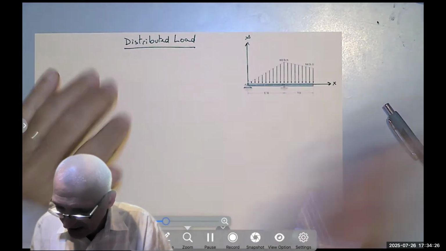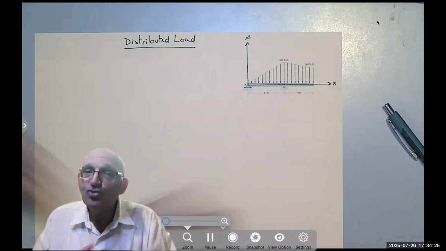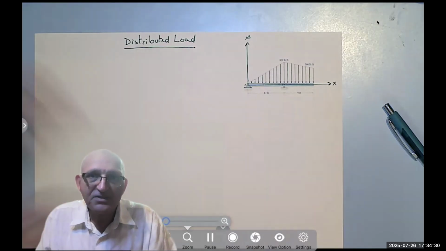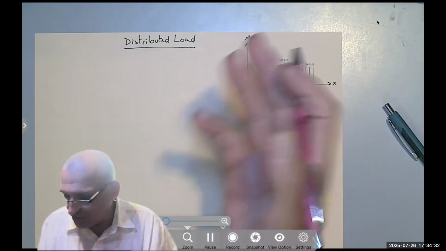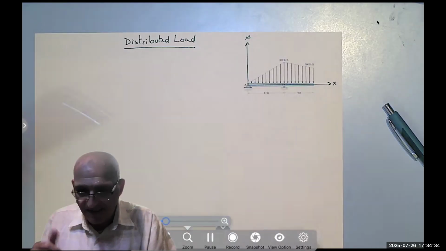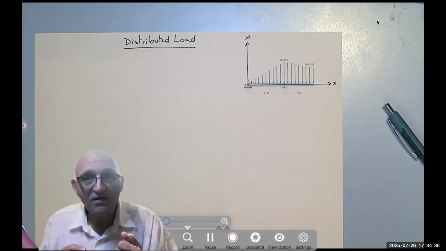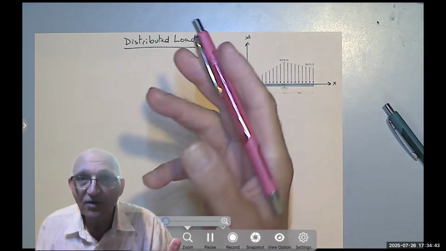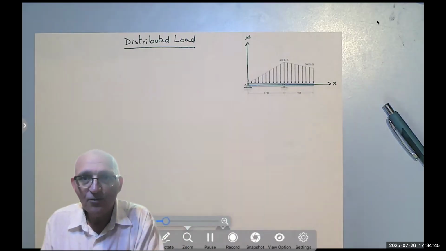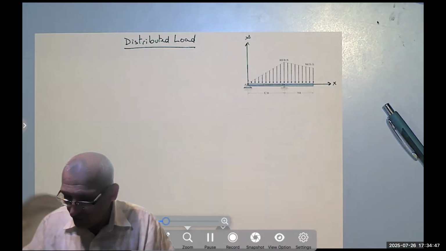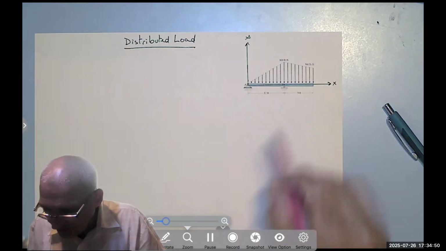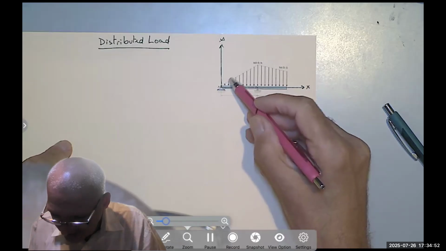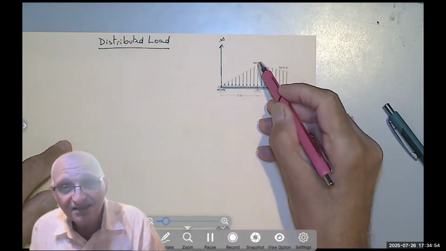However, I can divide it into many shapes, right? The easiest way to do it, since we learned there how to find the centroid of a rectangle, a triangle, half a circle, second degree parabola, whatever the case might be, is to divide it into these simple shapes. Of course, here I can see a straight line going up, so that lends itself to a triangle.